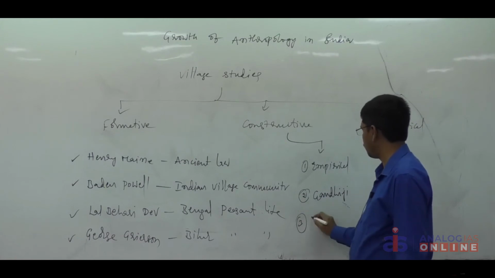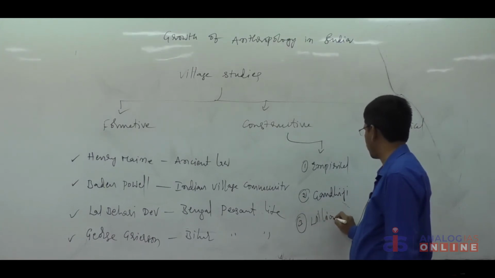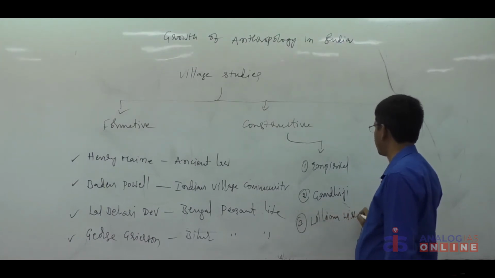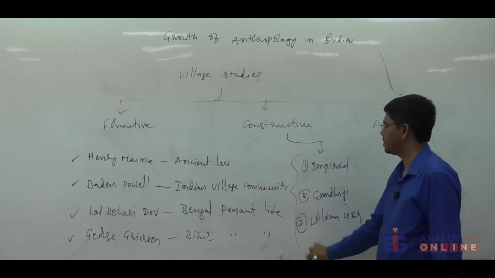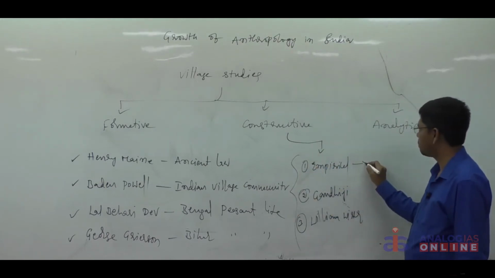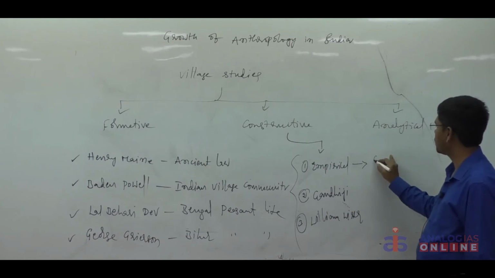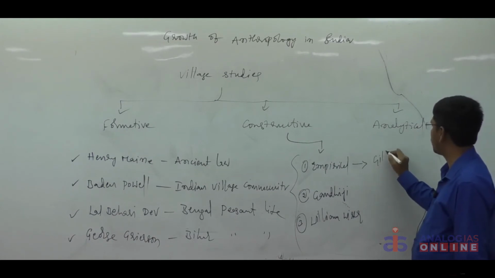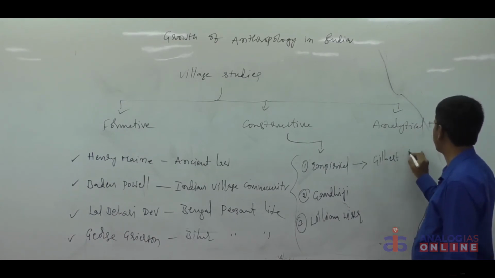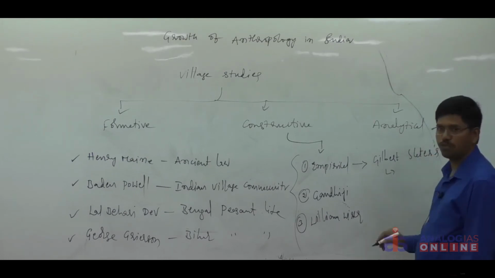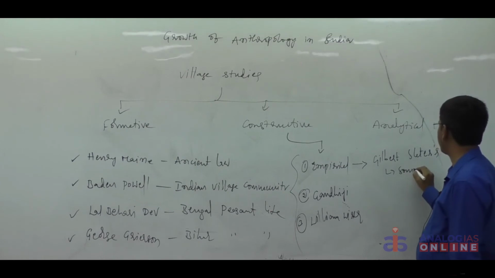Then William Wiser's contribution. You have to remember these three points. With respect to empirical studies, I told you about Gilbert Slater's students. Gilbert Slater's students published 12 books on some South Indian villages.